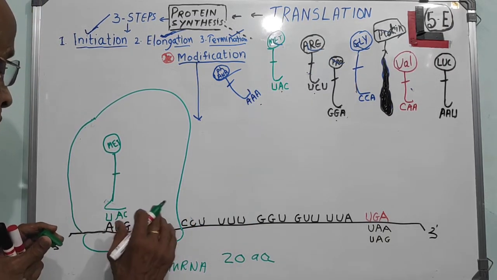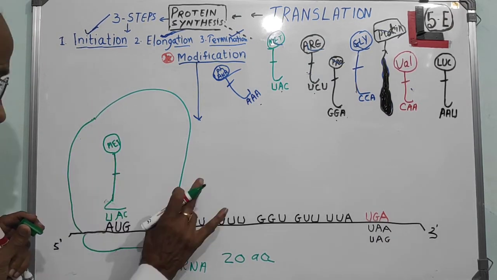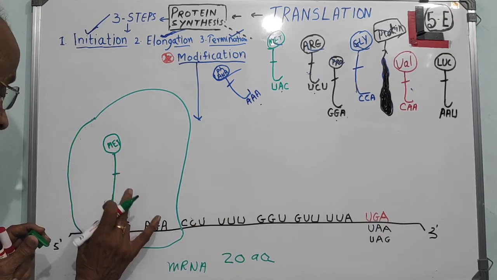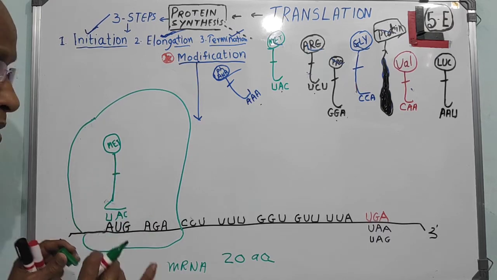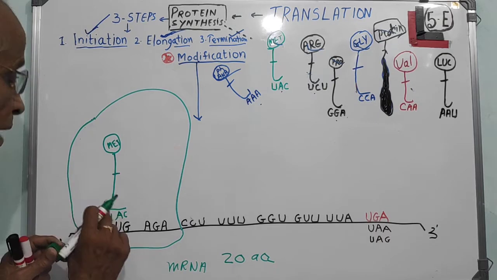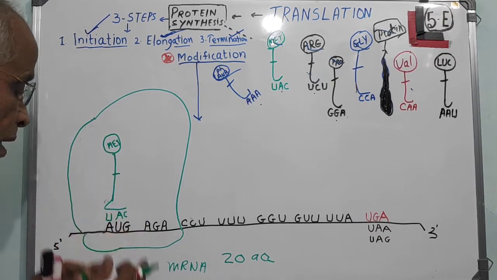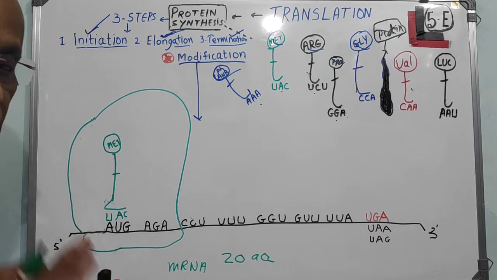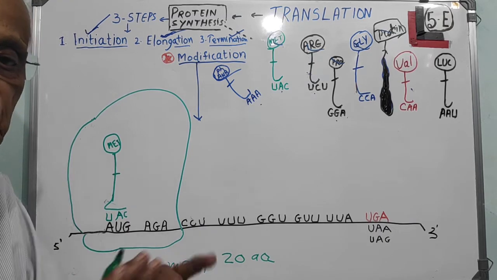Now, when the larger unit, smaller unit, and the first site called AUG or the initiator site is filled up by the anticodon carrying the methionine amino acid, that is the process telling that the initiation process is over.